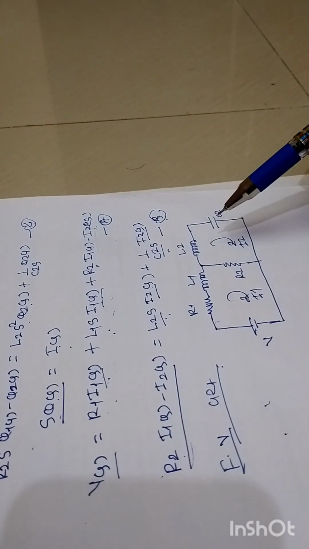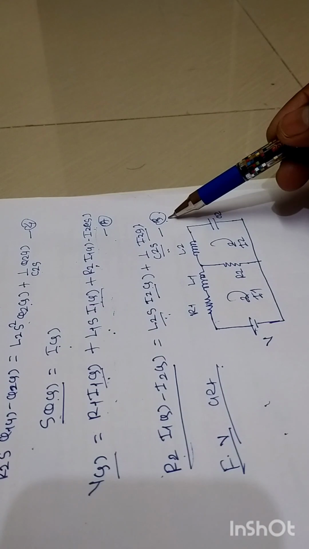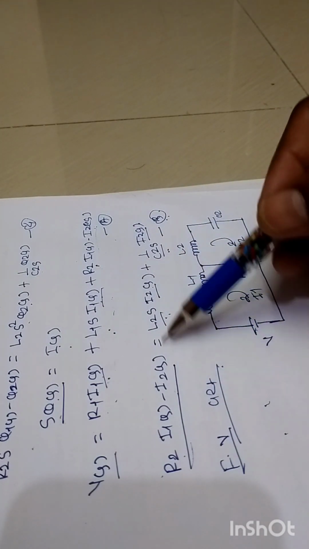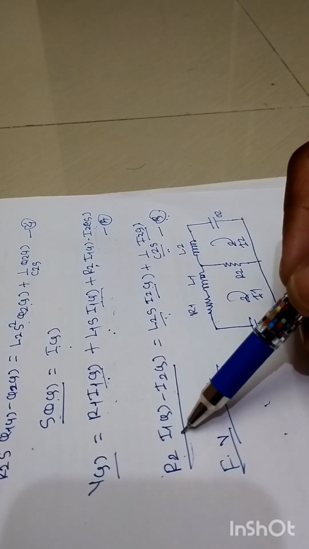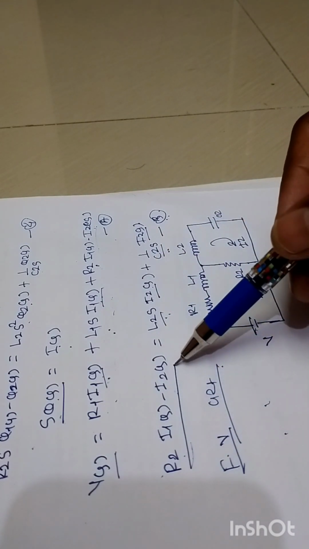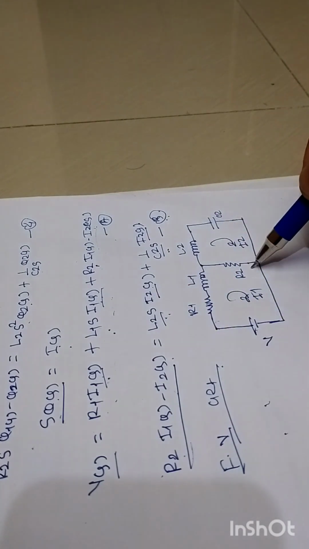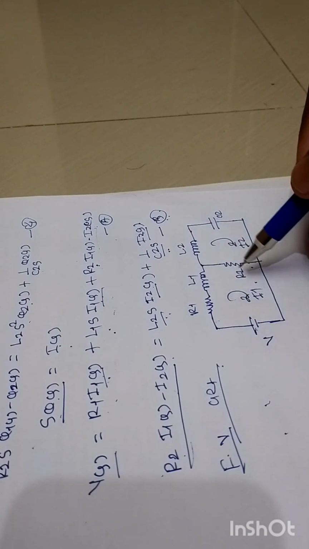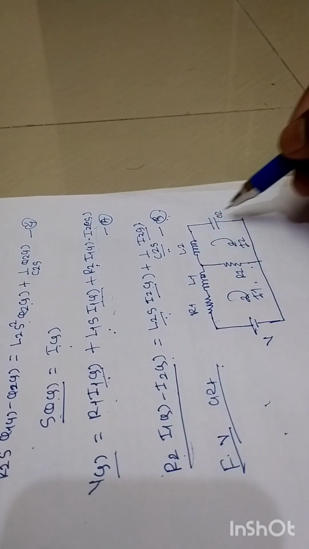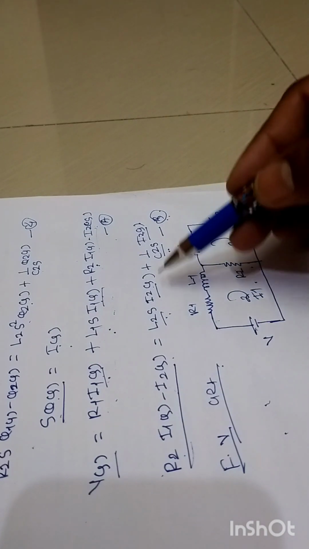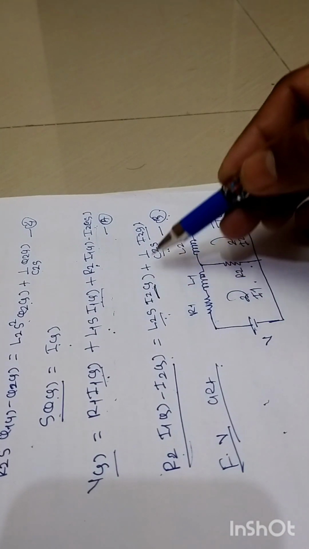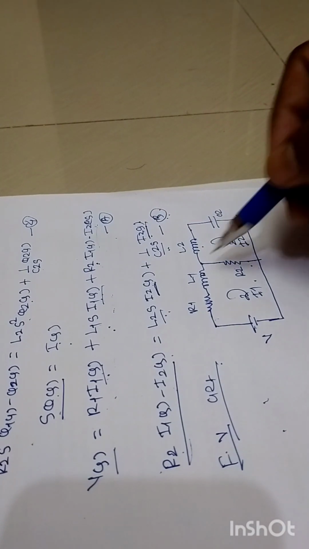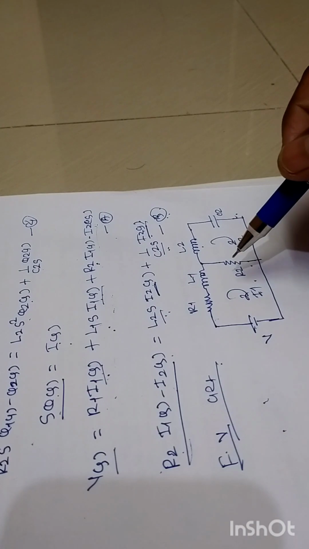As far as equation number capital B is concerned, the left hand side of this equation is nothing but R2 times I1 minus I2, means through this resistor R2 there will be a circulation of I1 as well as I2. That's why it is connected in shunt form as compared to R1, L1 and L2, C2. And as far as L2 and C2 are concerned, there will be a circulation of this fundamental current, which can be called I2, through this L2 as well as C2. So this is all about force voltage analogy.